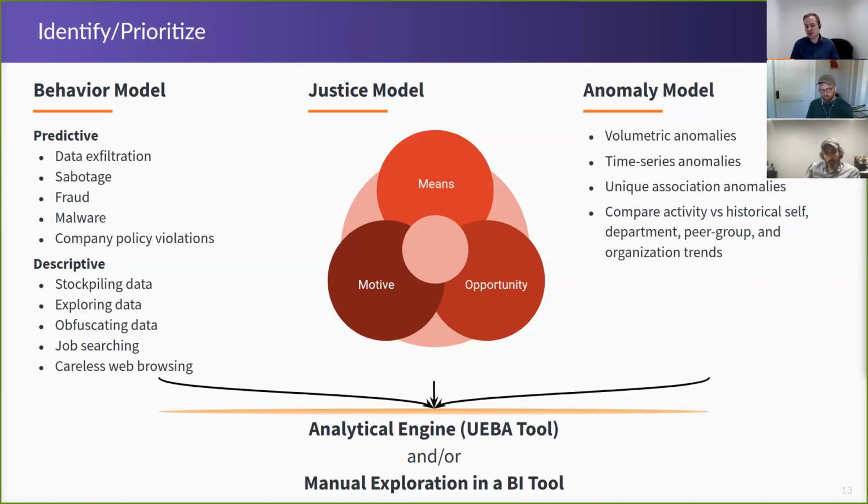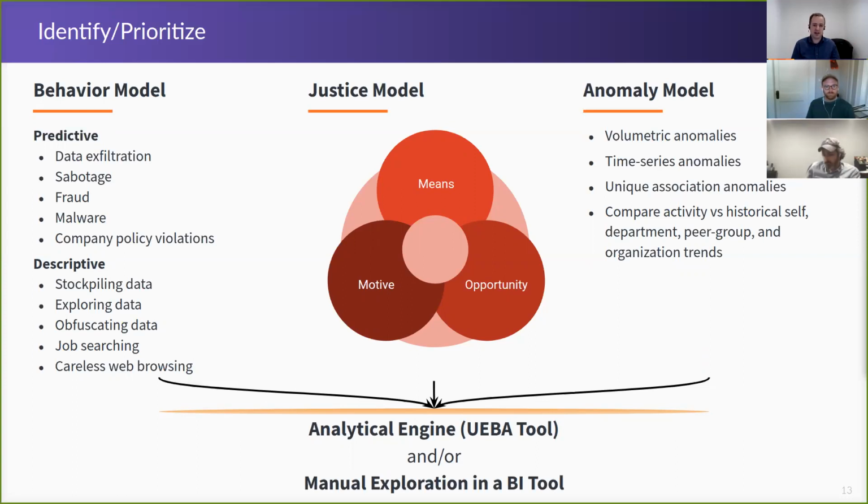I can have the means to do something bad, I can have the motive to do something bad, and I can have an opportunity to do something bad, and I can still never act on it. But when you combine that justice model with the behavioral model, it gives an additional layer of context that helps you to understand, what were they doing? Why were they doing it? Was this actually out of malicious intent, or was this just something accidental?